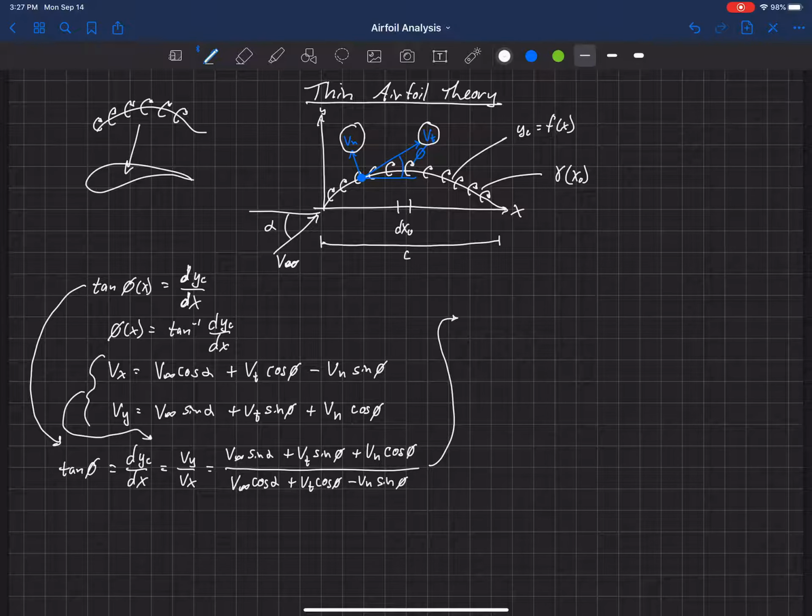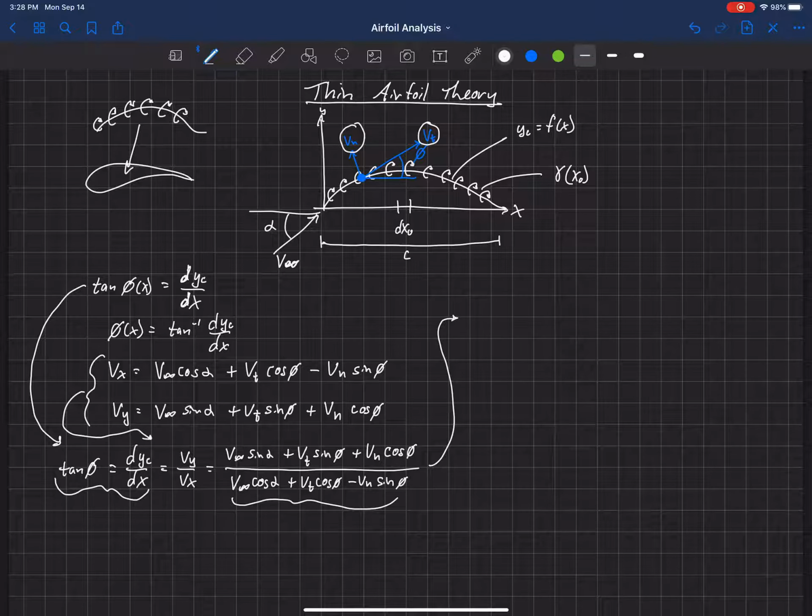I'm going to take this term on the bottom here and move it over to the left-hand side. As I move it over, because these two are equivalent, I can multiply the different terms within those terms. I can either use tangent of phi or dyc/dx to multiply each of those terms by.